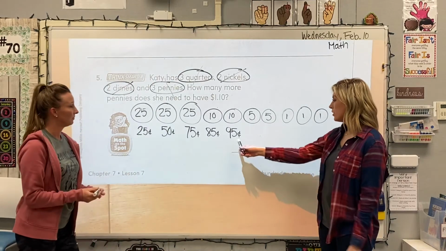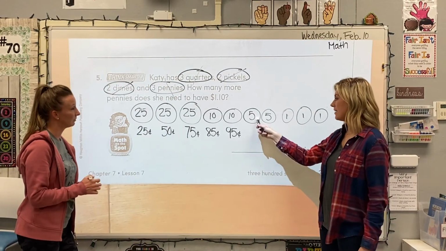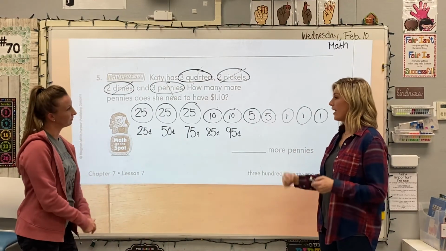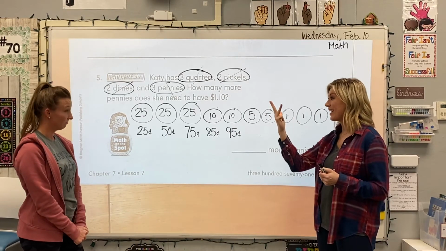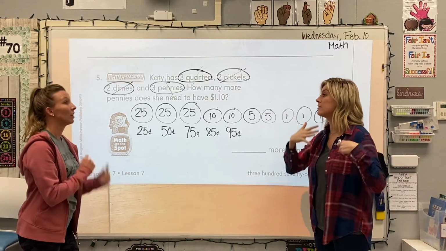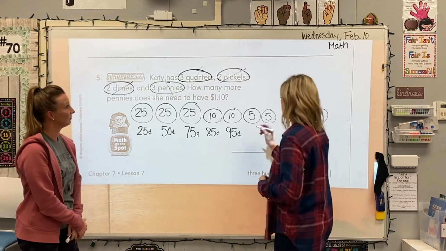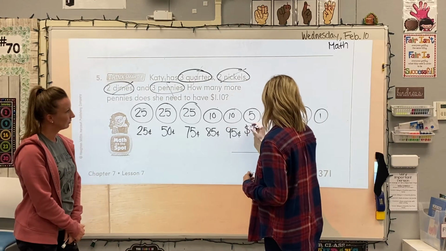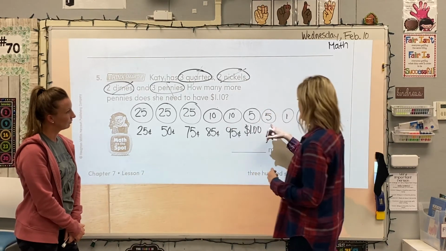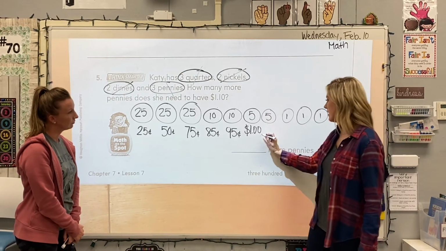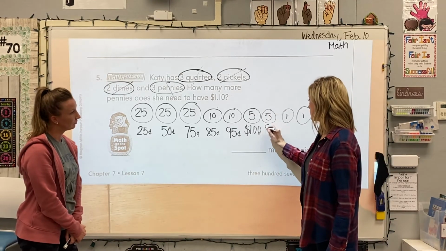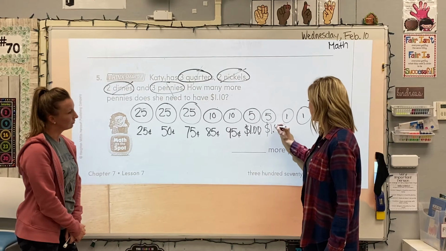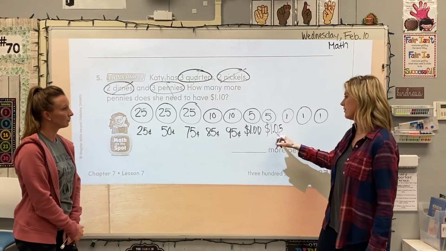All right, so once we get from 95 and we add a nickel, which is worth 5 cents, 95, 96, 97, 98, 99, 100, which is $1. So right under this, we're going to write $1. And then if I add another 5 cents, it's just changing the cents section, 1.05. It's not 1.50, that would be 50 cents.